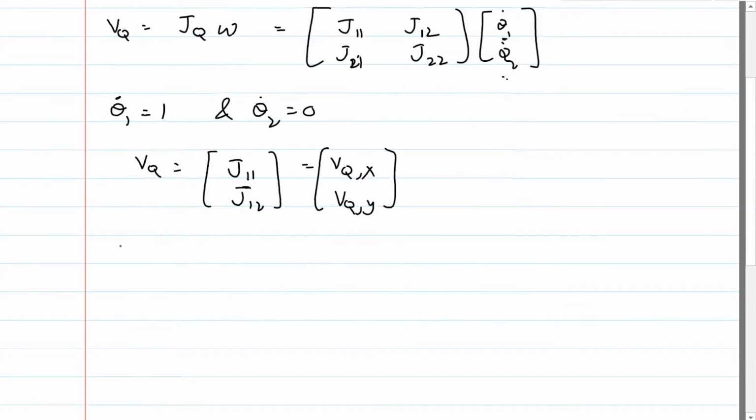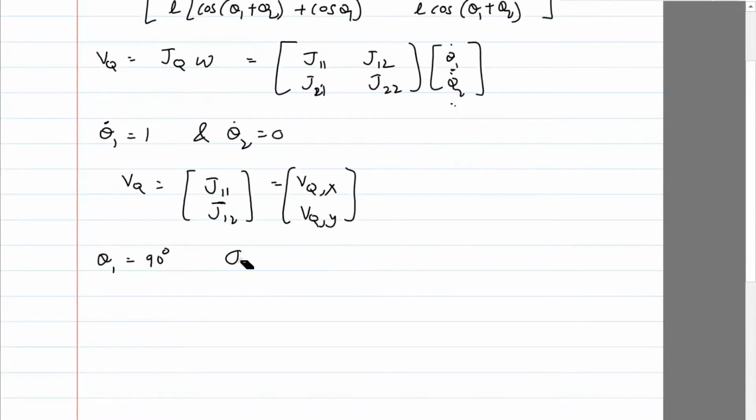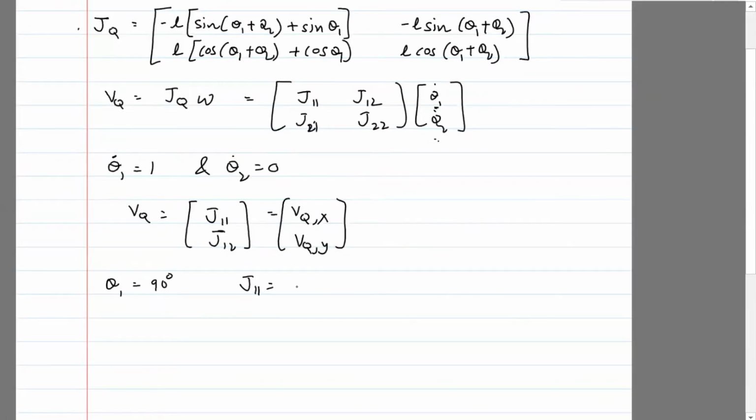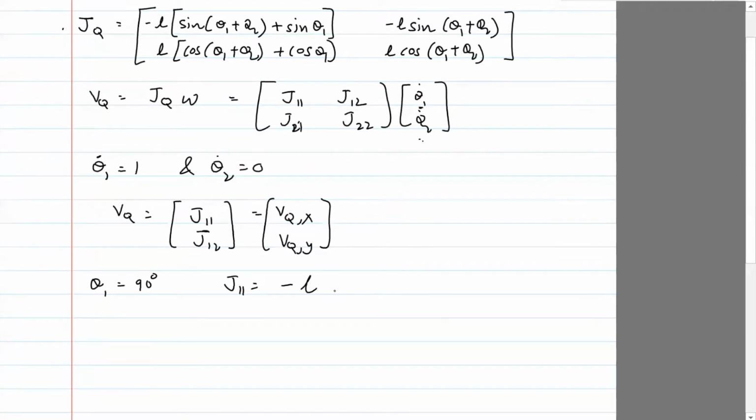Okay, let's just take this example. Let's put theta 1 equals 90 degrees. Theta 2, we just keep as it is. So if you put that in the Jq formula here, we get J11 equals minus L sine of 90 plus theta 2.